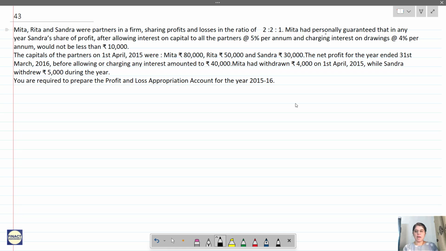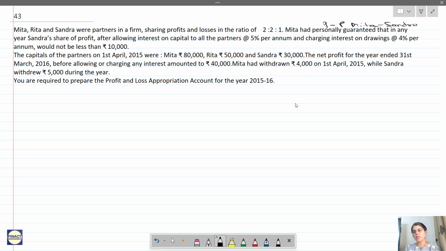Meeta had personally guaranteed that in any year Sandra's share of profit, after allowing interest on capital to all partners at 5% per annum and charging interest on drawing at 4% per annum, would not be less than 10,000. Meeta had guaranteed personally means partner to partner. She did not guarantee it on behalf of the firm. So this is partner to partner, Meeta to Sandra.